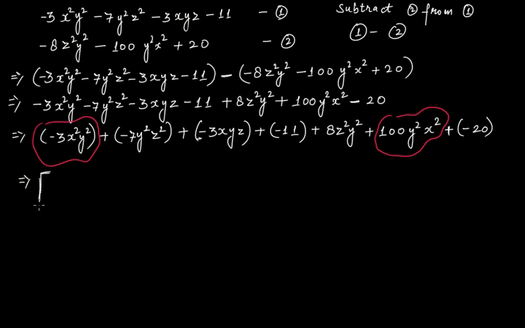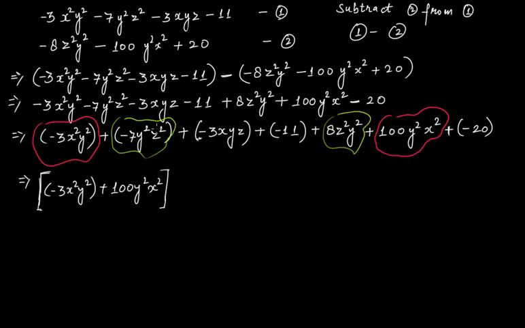So this becomes, within the bracket, minus 3x squared y squared and plus 100 y squared x squared. Then if you look at this term, that is minus 7y squared z squared and 8z squared y squared, these are two like terms, exactly in the same way as these two terms were like terms, irrespective of the order of their variables.